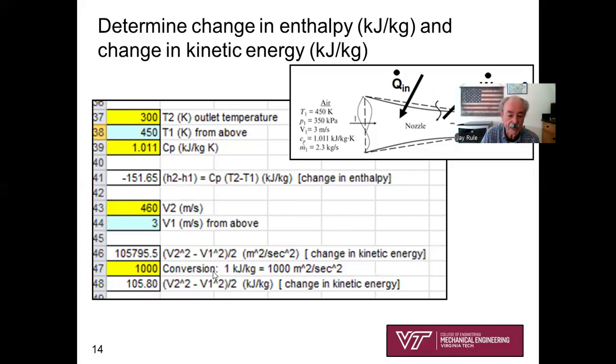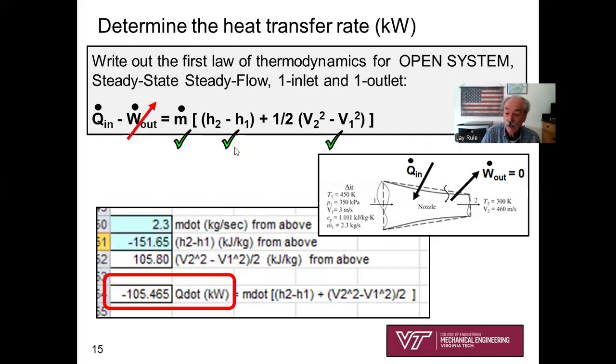So I've got to remember my conversion: 1 kilojoule per kilogram is 1,000 meters squared per second squared. I simply move my decimal place three places, so the change in kinetic energy, V2 squared minus V1 squared all divided by 2, is 105.8 kilojoules per kilogram.